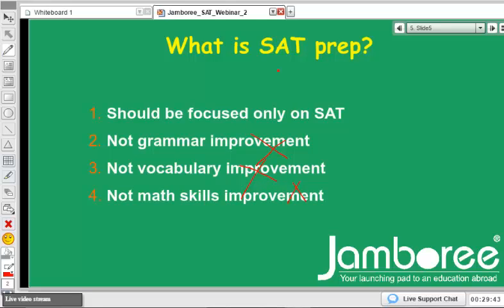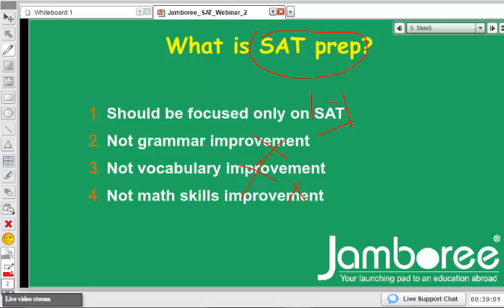So whatever time you are spending for your SAT preparation should be focused only and only on the SAT, not on random vocabulary improvement or random grammar. Yes, you have to focus on grammar, but only that bit of grammar that is going to be tested on the SAT.